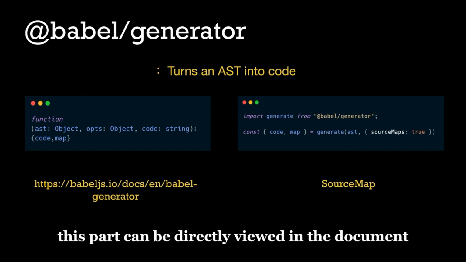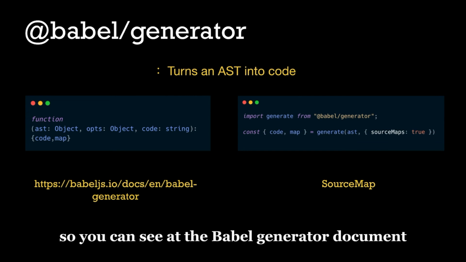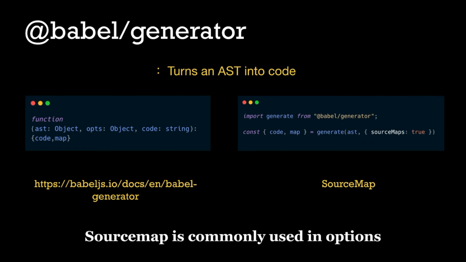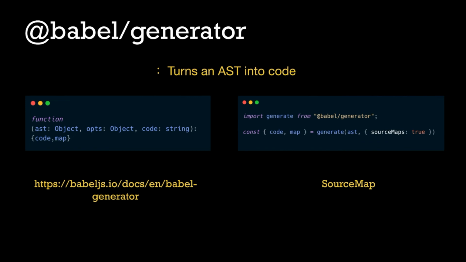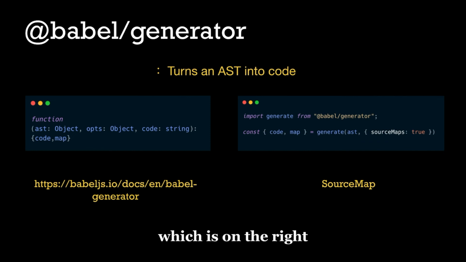This part can be directly viewed in the document. We don't usually use this. So you can see it at the Babel generator document. And sourceMap is commonly used in options. Sourcemaps can be generated when this option is true, which is on the right.